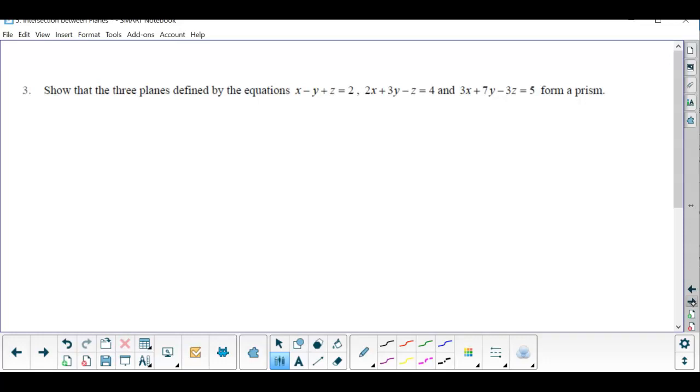So if you try to solve this, that means you're not going to get a point or a line of intersection. Again, you might want to look at the normals. In this case, for a prism, they're all going to have different orientations, but it's a good idea to get in the practice of this when you get to a test.